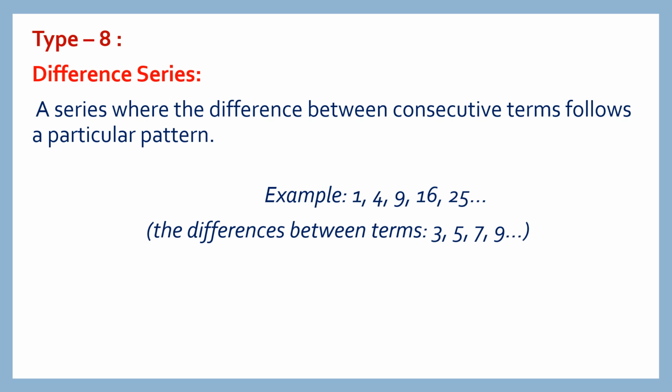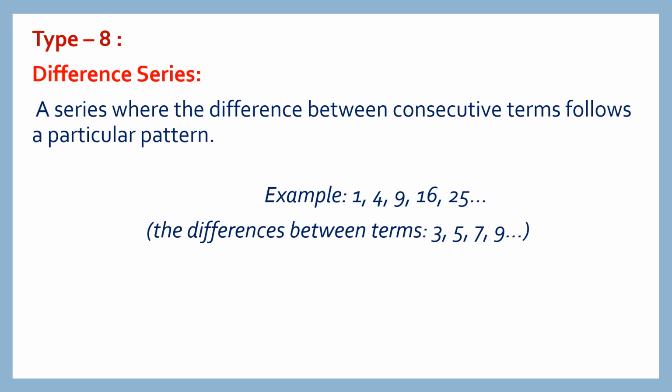And this is type 8, difference series. A series where the difference between the consecutive terms follows a particular pattern. Here the numbers given are 1, 4, 9, 16, 25. You can see the number is actually increasing, but it's not increasing by the same number.